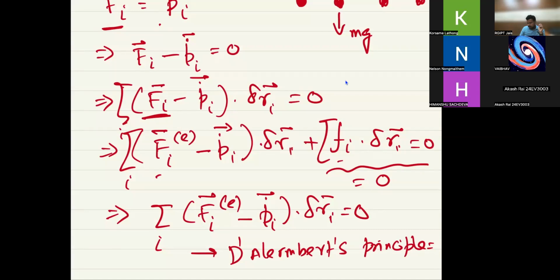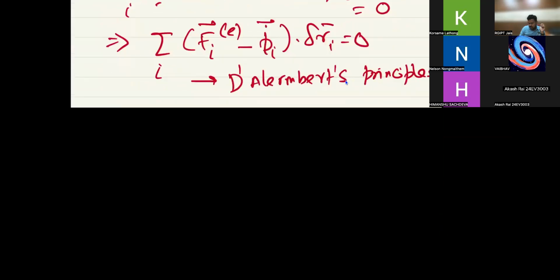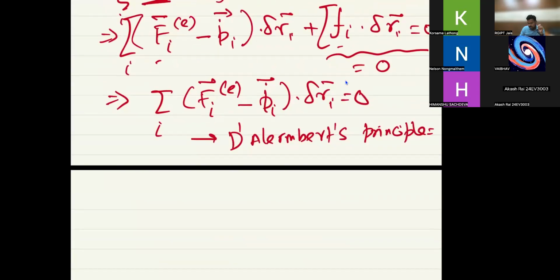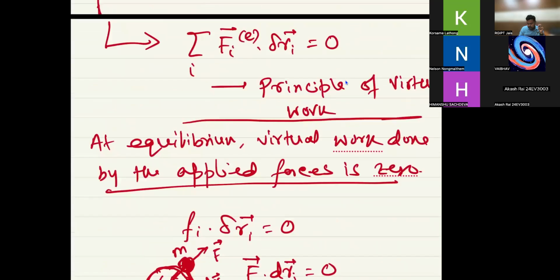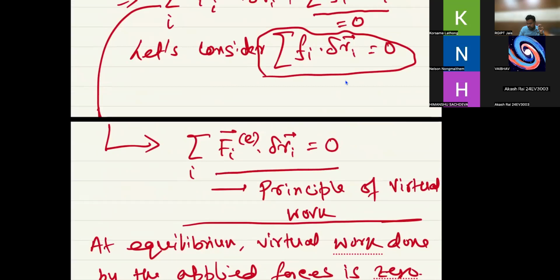What does this principle state? From this statement, when the system is in dynamic equilibrium, this term is always 0. When it is static equilibrium, then the principle of virtual work is accurate, that if you multiply Fi dot delta Ri, it equals 0.